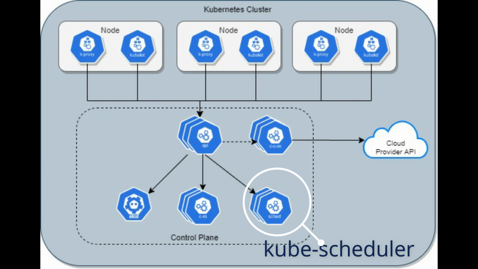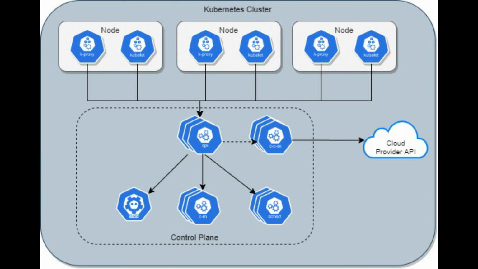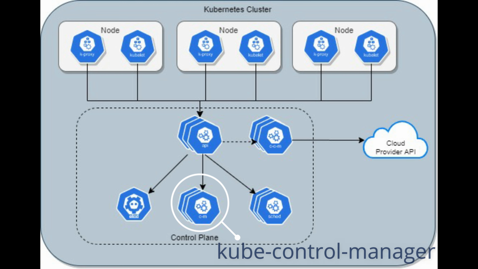The next one is the kube-scheduler, a control plane component that watches for newly created pods with no assigned node, and then selects a node for them to run on. The next one is the kube-controller-manager, which is basically a control plane component that runs the controller processes.